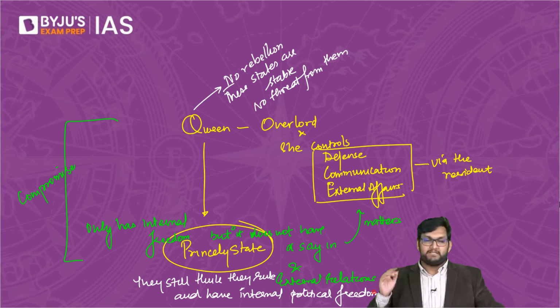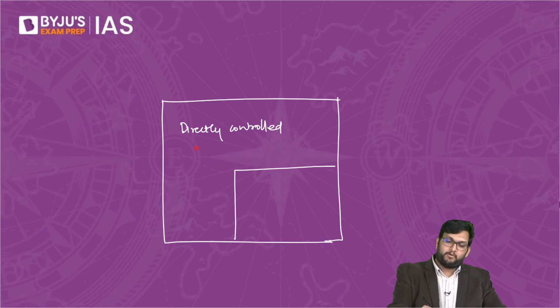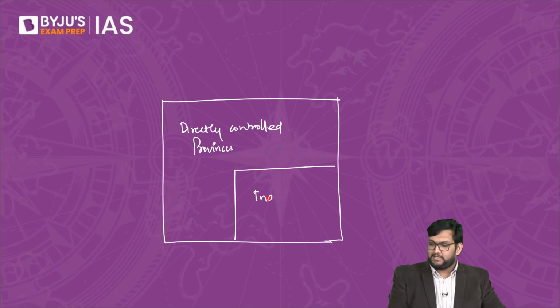Try to understand. The British India now becomes basically two sets. One is directly controlled provinces, and then there are indirectly controlled princely states.